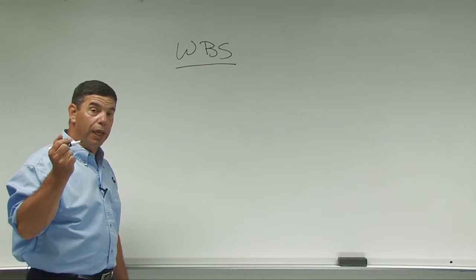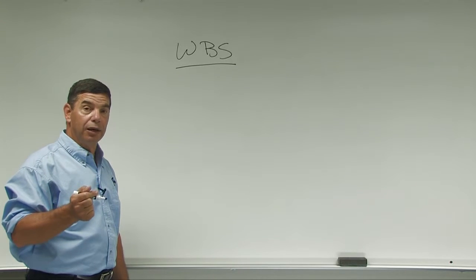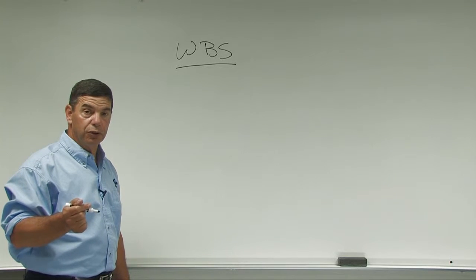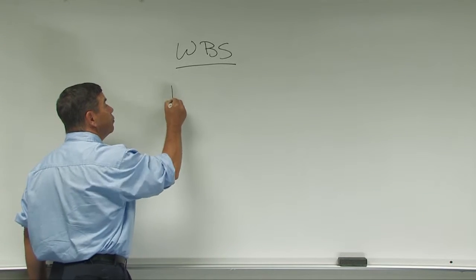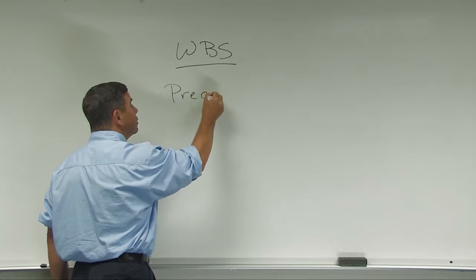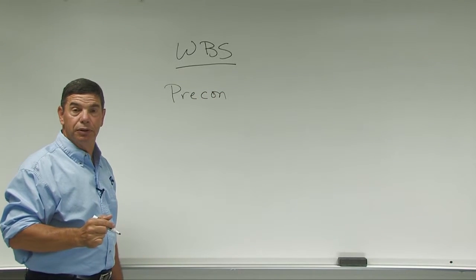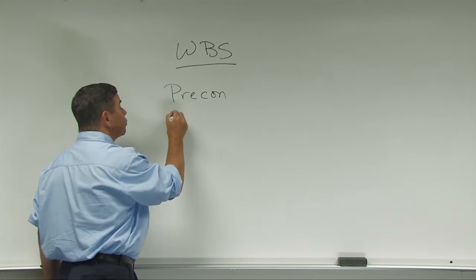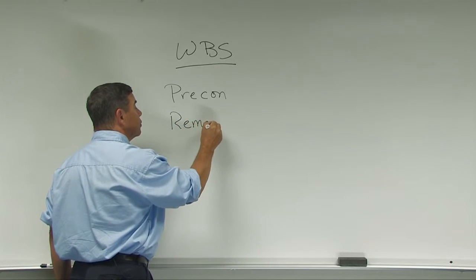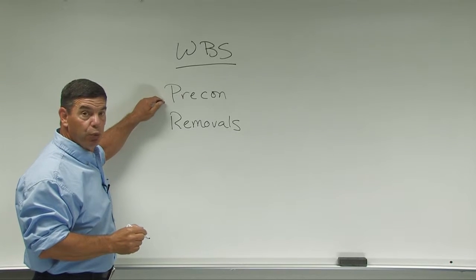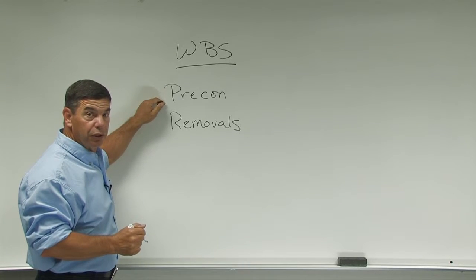So we have to start, like an outline, with some very basic categories. The work breakdown structure is started with pre-construction as one of the basic categories, and then removals, because we have preliminary paperwork that needs to be done to get ready for this job.